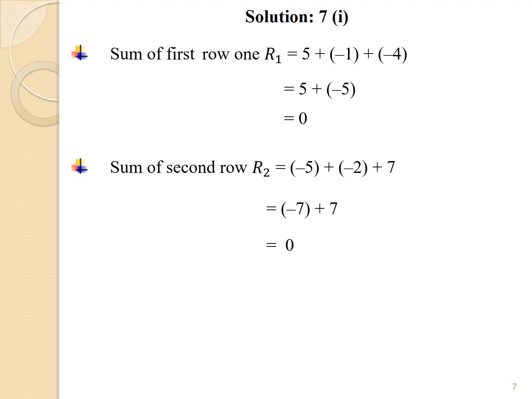Now, let us find the sum of third row. The sum of third row is equal to 5 plus -5 plus 0. Now, subtracting 5 from 5 as whole number, we get 0. Thus, the sum of third row is also 0.